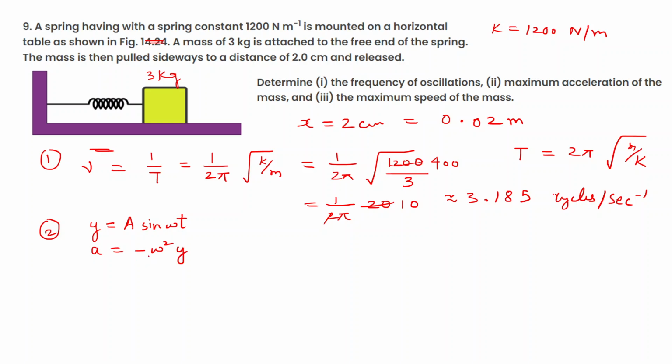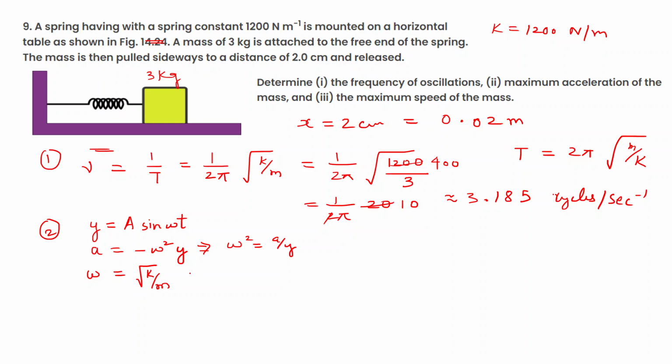Now, using this expression and ignoring the negative sign, we know the relation between omega, the angular frequency, and the spring constant is this, omega square equals k by m. And there is also this relation, acceleration depends on y in this fashion, that means omega square will be a by y.